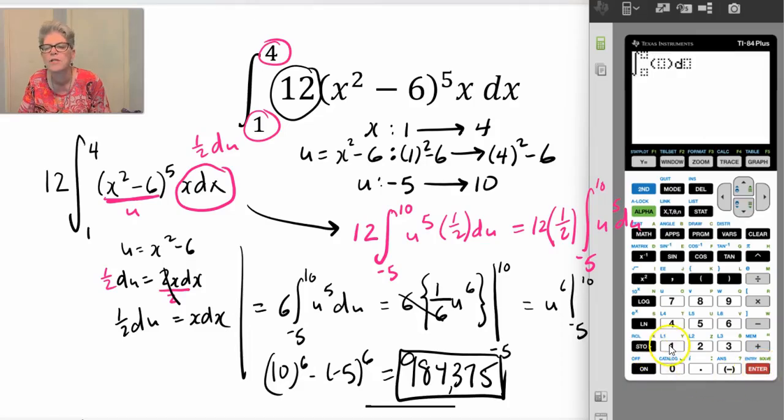Yeah. So the original went from 1 up to 4, and then I had 12 times x squared minus 6, then x squared, and then scroll over minus 6, then to the power of 5, and then times x, and then we want dx.